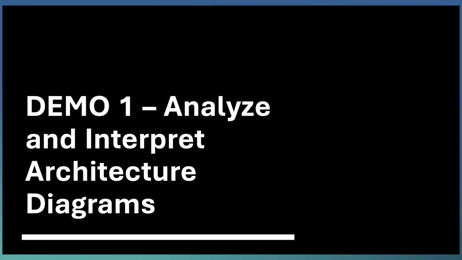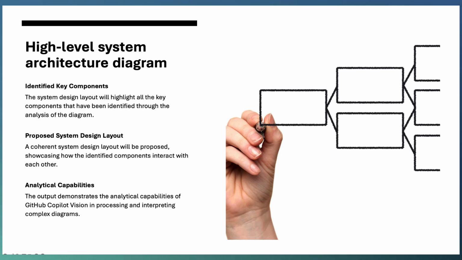We will start with architecture diagrams. If you consider the different diagrams in the SDLC cycle, architecture diagrams and, lastly, network or deployment diagrams are the most complex diagrams, which developers normally try to ignore or are not able to understand properly. So we'll start with an architecture diagram, to see how Copilot will understand the diagram, get an insight, and explain it properly to us.